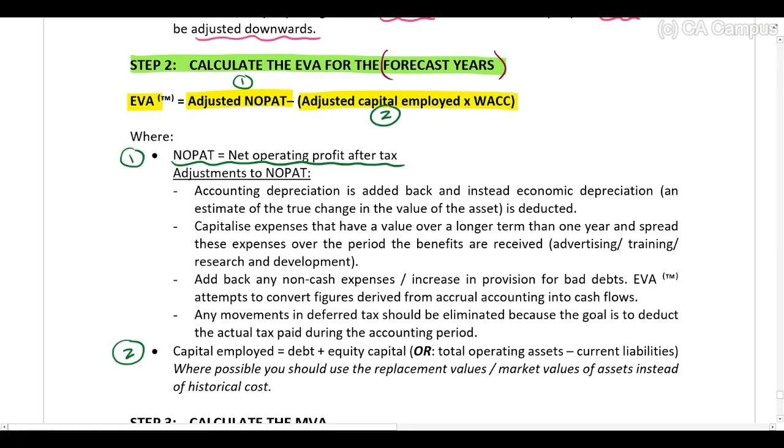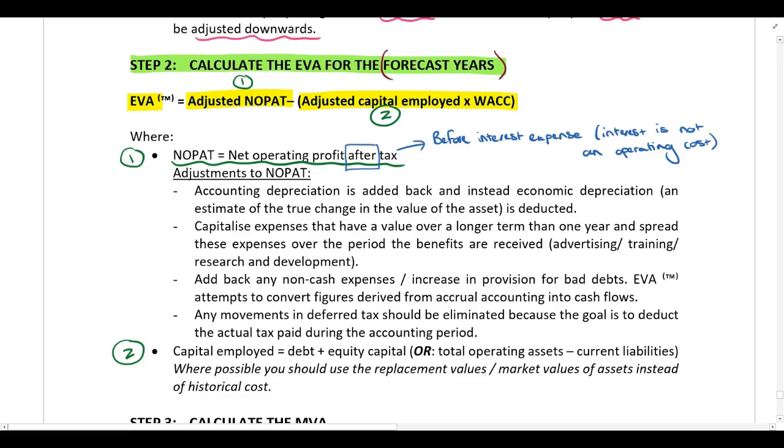So if it's your operating profit, it does not include interest because interest is not an operating cost. So this is before interest. And then also, this is after tax.